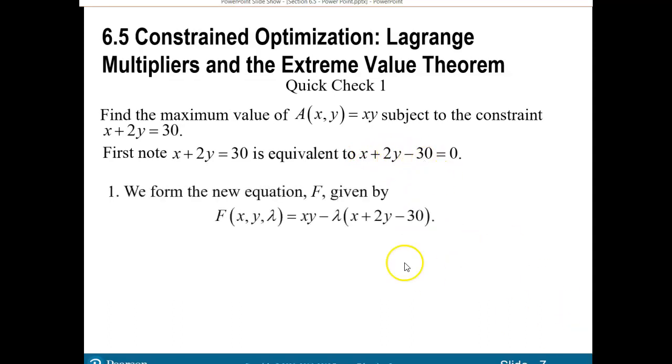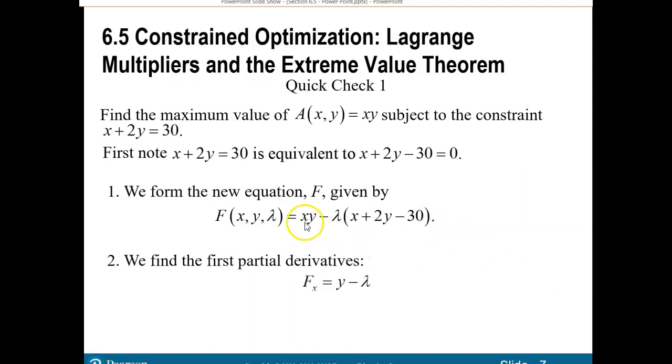We form our new function, capital F, as the function we're going to try to maximize, which is A, xy, minus lambda times our constraint. We find the first partial derivatives. So the partial with respect to x would be y minus lambda. Partial with respect to y, x minus 2 lambda.